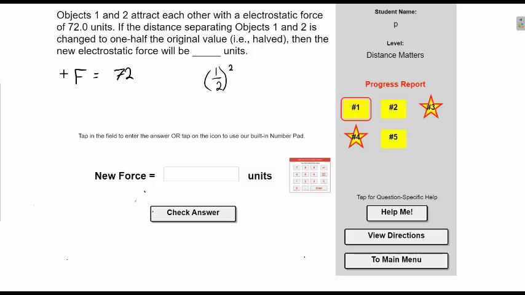So since it's 1/4, it gets bigger by a factor of 4, because 1/2 squared is 1/4. And you divide by 1/4, that's the same as multiplying by 4. So I get 72 times 4, 288.